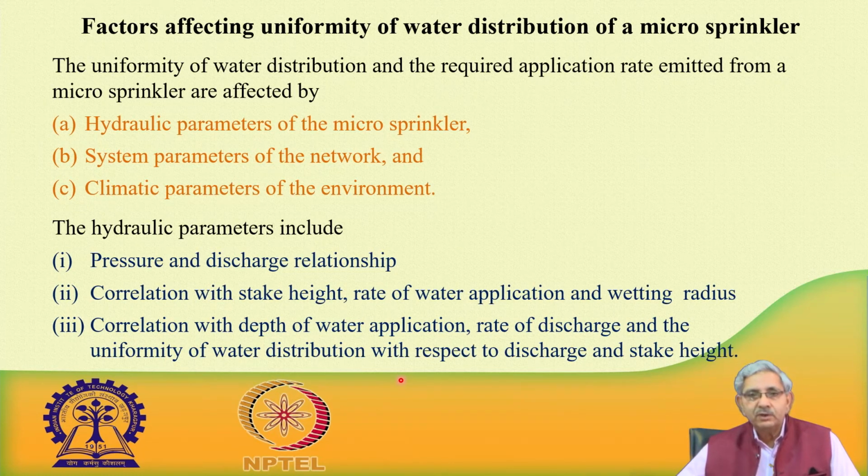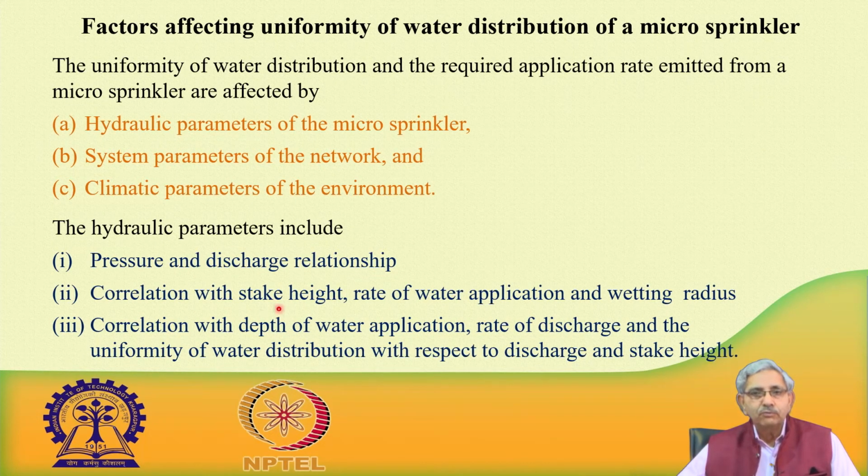If someone wants to study and design the system for a given set of conditions, then for a particular type of sprinkler one can relate how it behaves with the pressure discharge relationship, where the coefficient of discharge as well as the exponent can be determined.